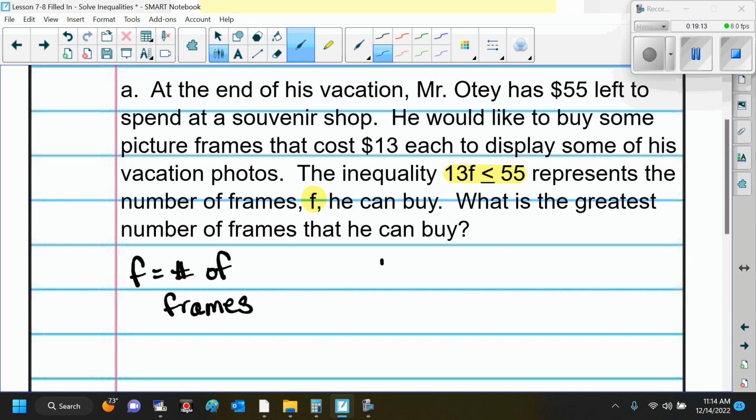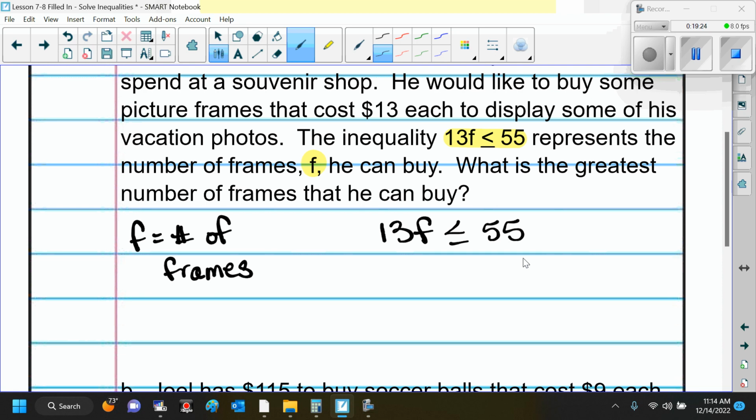So now all we have to do is solve 13f is less than or equal to 55. Using my inverse operations, how do I get that f by itself? We are going to divide by 13 on both sides.